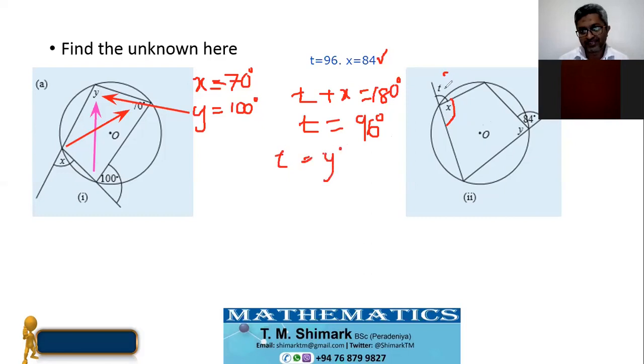Why? Because it's the interior opposite angle. So y equals 96. And also, on this straight line, y plus 84 equals 180, so y is going to be 96. That way also we can see.